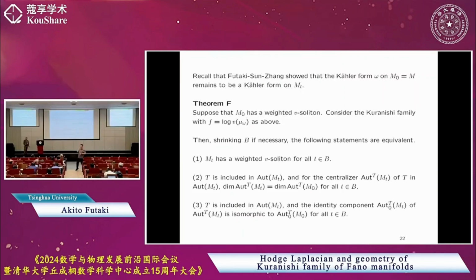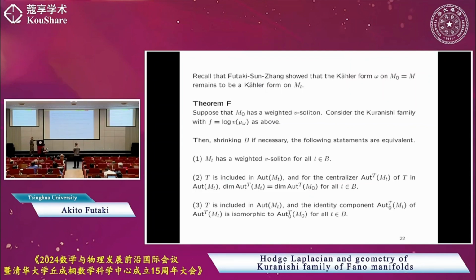Any questions or comments? May I ask you a question? You also studied the existence of Kähler-Einstein metrics under deformation, right? Under what conditions can the Fano condition be relaxed?